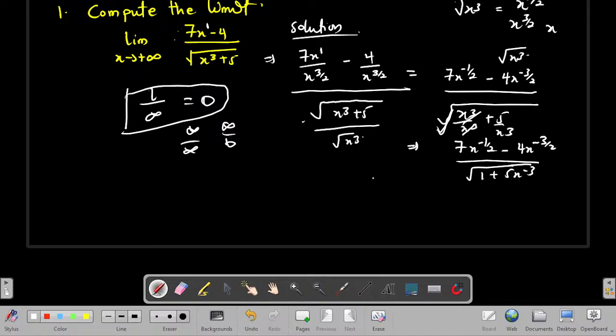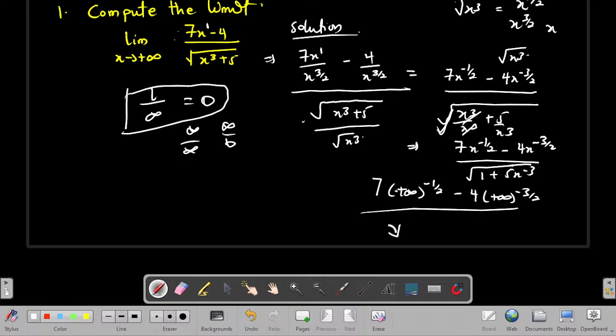So I'll simply have 7 multiplying positive infinity to the power negative half, right? Minus 4x to the power negative 3 out of 2. So I'll have 4 multiplying positive infinity to the power negative 3 out of 2, right?